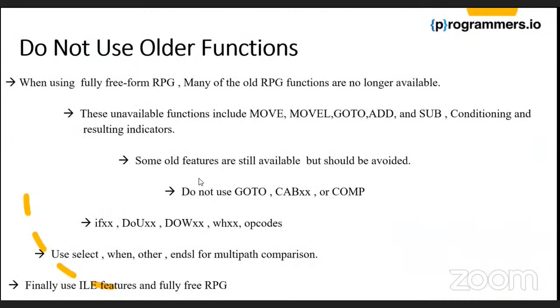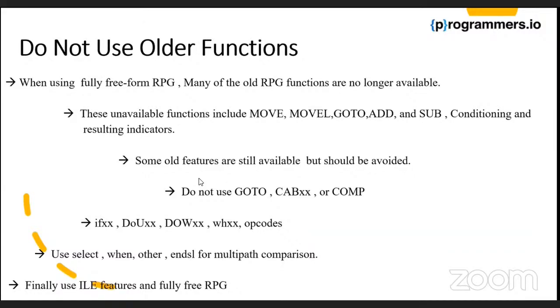Do not use older functions. Sometimes we are all going to shift to the new way, so we are using free format. No one is trying to accept fixed format instead of free format. There are a few opcodes like move, go to, add, or conditional or resulting indicators that were used in RPG III.